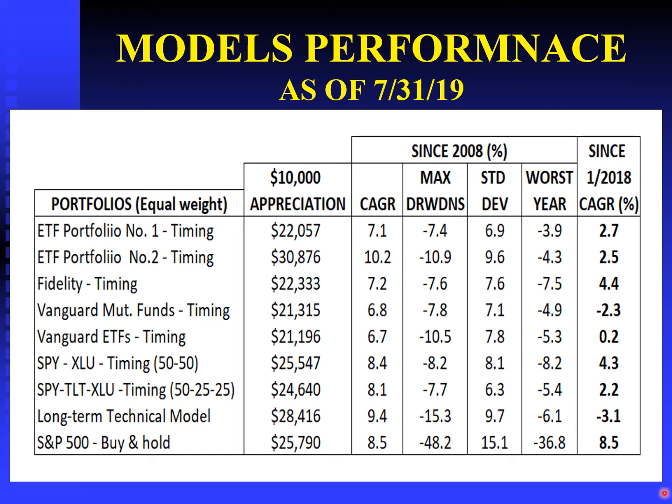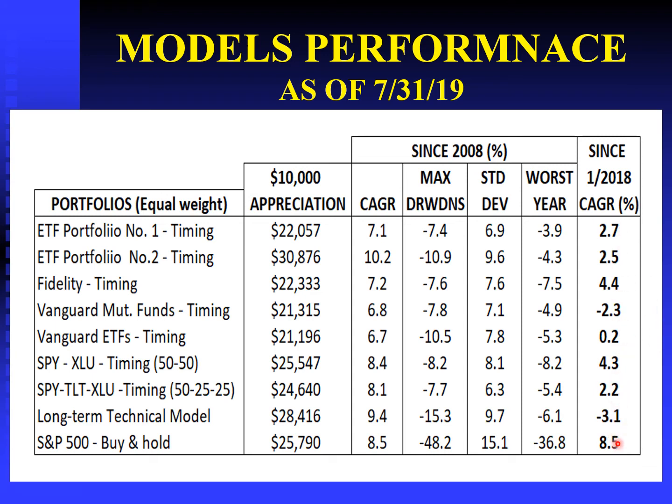Now, another thing that is very important is this column here. Any rule based on moving averages or models, if the market is flat, they're not going to produce returns. You should not expect big returns because you're going to be frustrated if you do. It's just because of the nature of the rules. So for instance, since 2018, the market has produced 8.5%, and instead here, as you can see, the returns have been considerably lower.